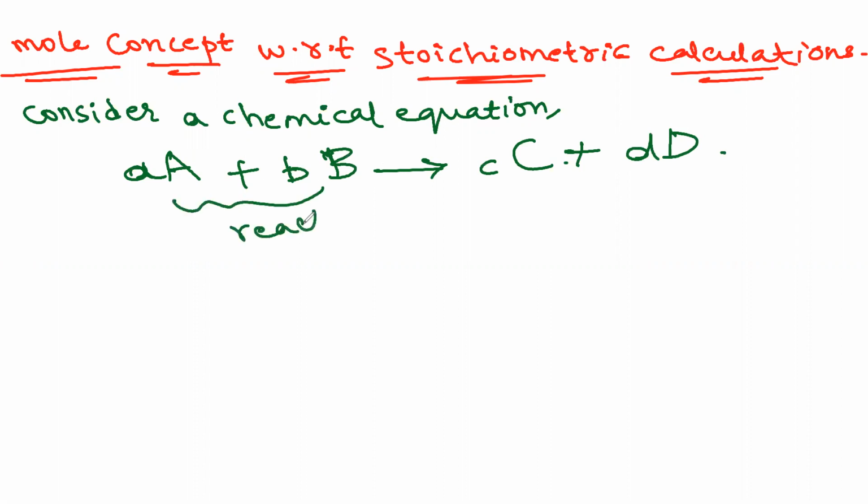Where small a, small b are the number of moles of A and B respectively, and small c, small d are the number of moles of C and D respectively.